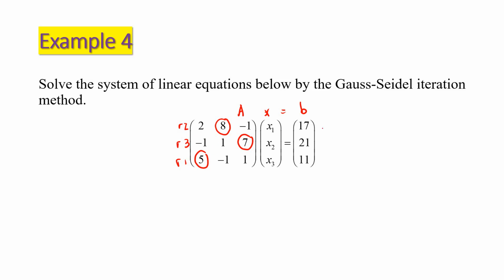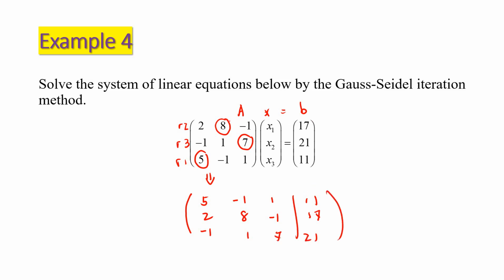Make sure you swap A together with b, because these are the whole equation. So you swap to become your system. First row is 5, -1, 1, 11. Second row is 2, 8, -1, 17. Third row is -1, 1, 7, 21.